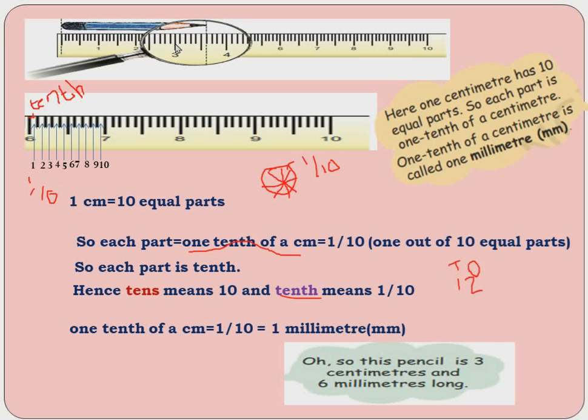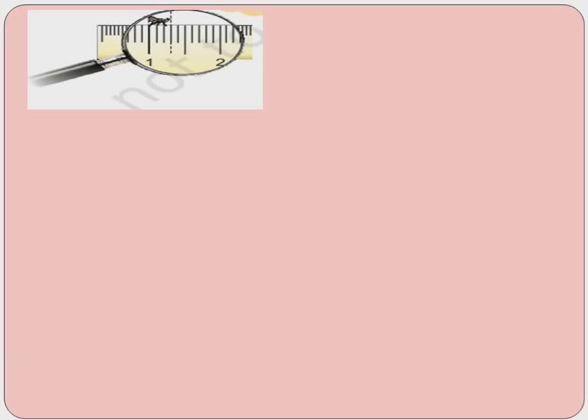Just now I told you 1/10, that is one part. 1/10 of a centimeter is called 1 millimeter. So we will say it as 6 millimeters. How will we say this? 3 centimeters, because these are centimeters and this is millimeters. 3 centimeters and 6 millimeters long.